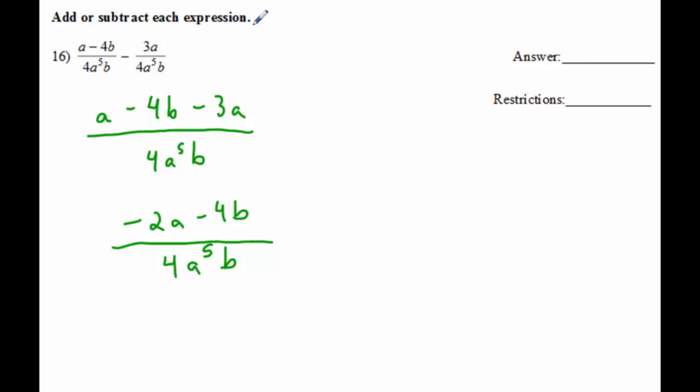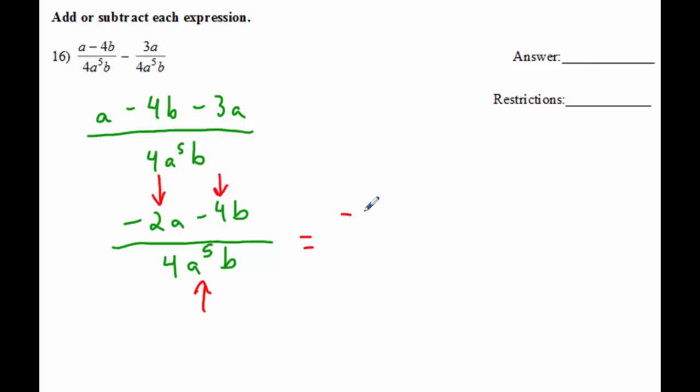So now, the way we can check to see if this is able to be simplified is, can I divide everything by a number? Right, I can divide all 3 of these terms by something, which means that it simplifies.